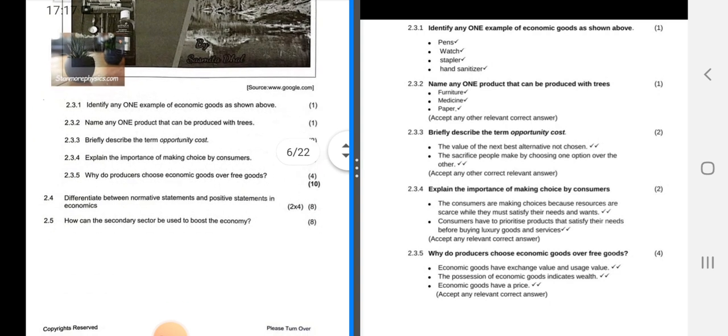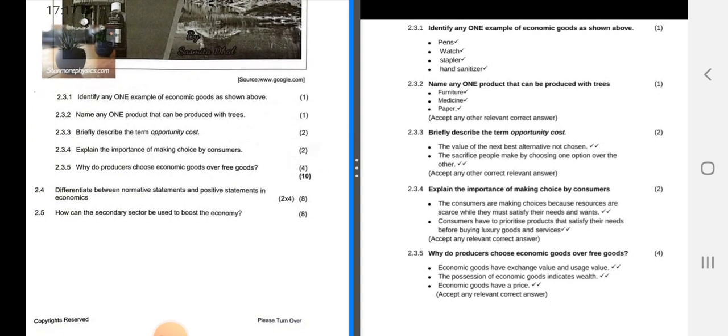Explain the importance of making choices by consumers. That's 2.3.4. The answer says consumers make choices because resources are scarce. So why do consumers make choices? That is how you answer these questions.